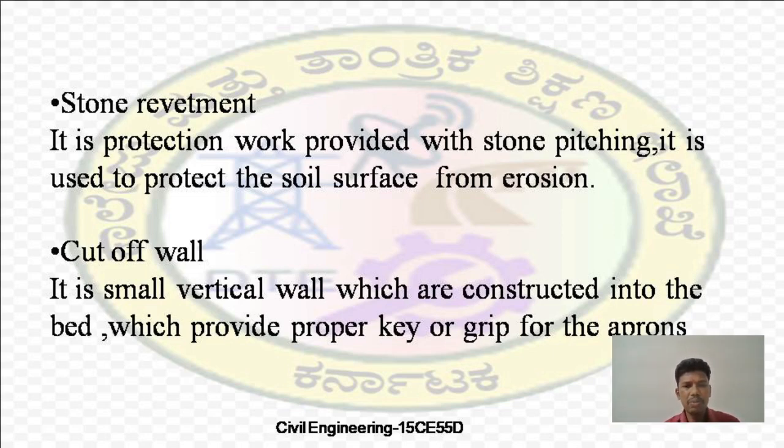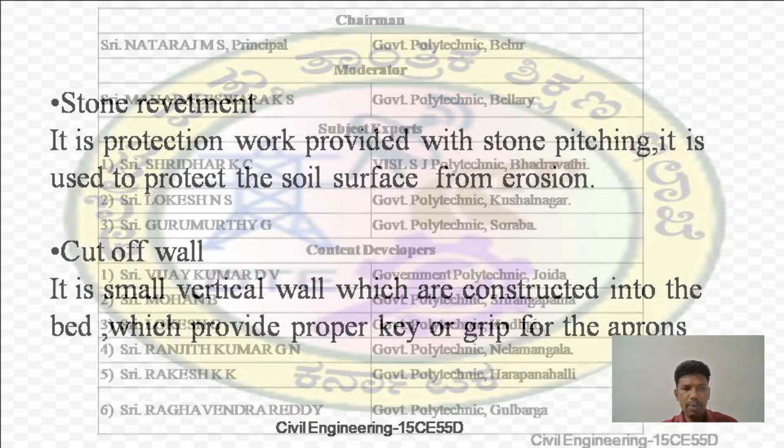We construct a rectangular wall of 15 centimeter width and 1 meter depth, along the apron for its full width. It is a small vertical wall constructed into the bed, which provides a proper key or grip for the aprons.